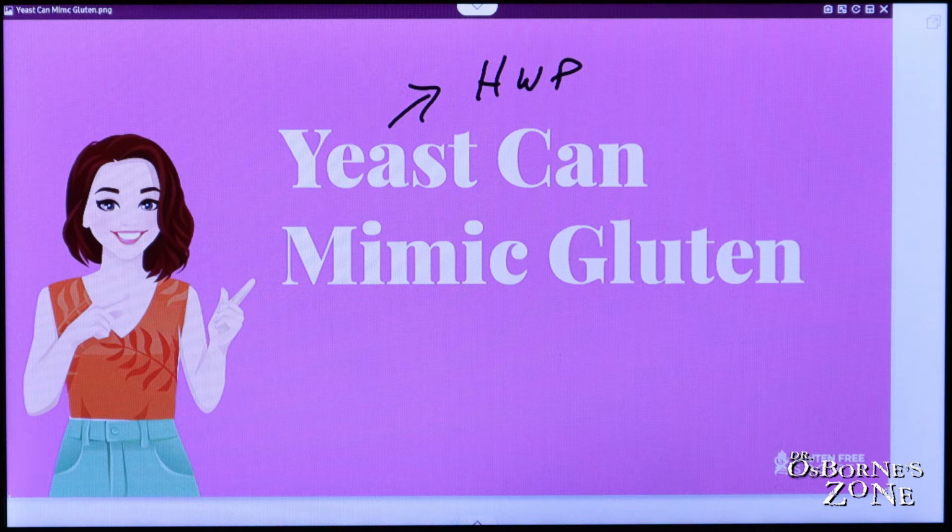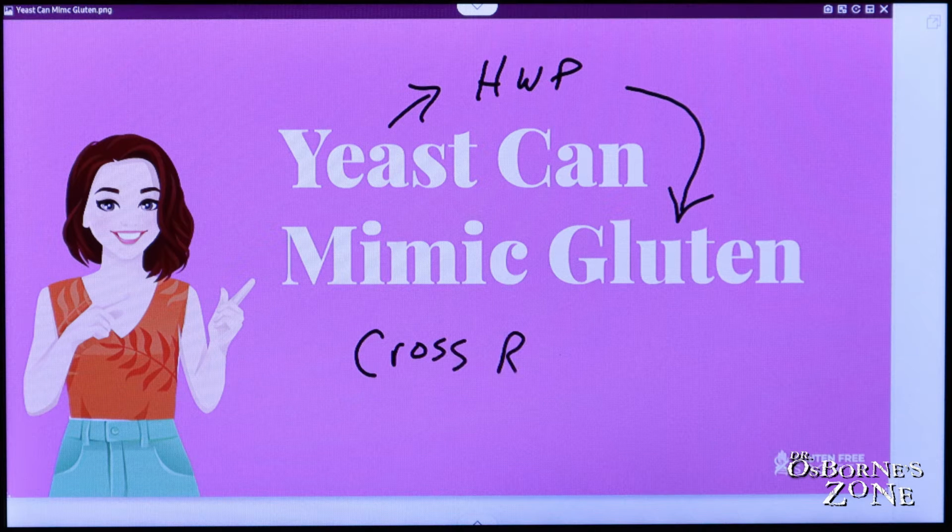That hyphal wall protein mimics or looks like gluten. It has homology with gluten, and so you get what's called a cross reaction. So you're reacting to a protein that yeast overgrowth is constantly producing, and your body's reacting to it in the same way that it would react if you were eating a sandwich or if you were eating gluten. So yeast can mimic gluten.